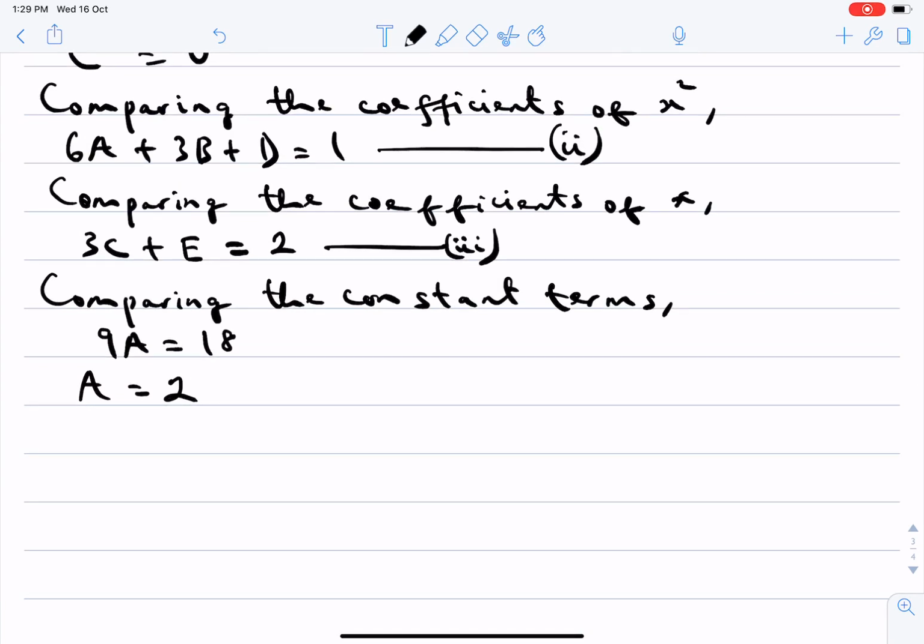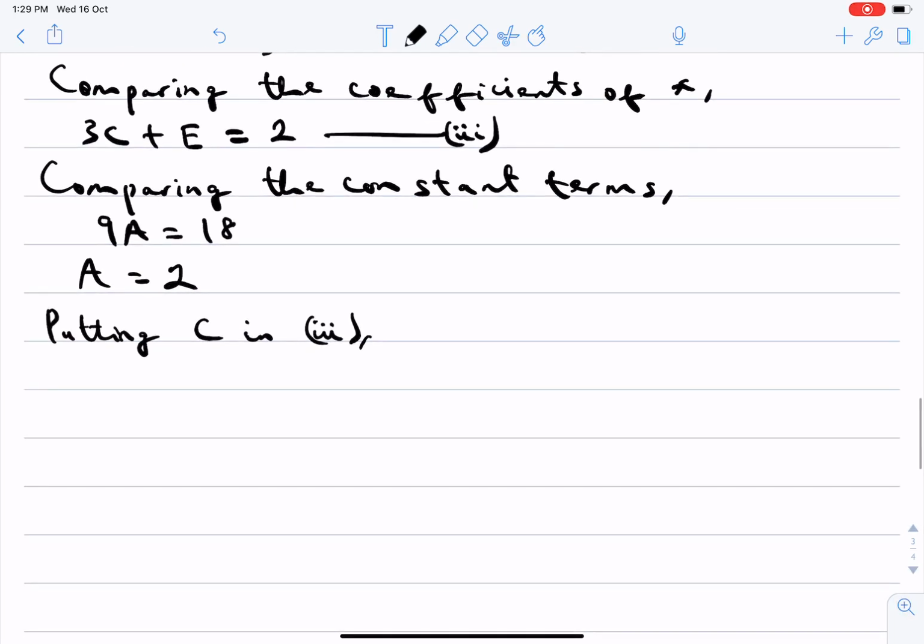So putting c in equation 3, 3 times 0 plus e is equal to 2. And that means 0 plus e equals 2, which means e equals 2.